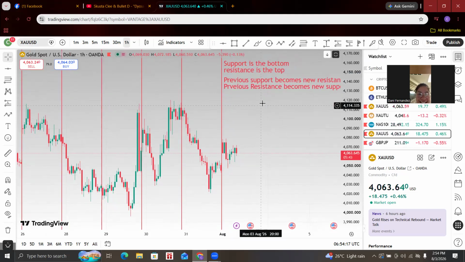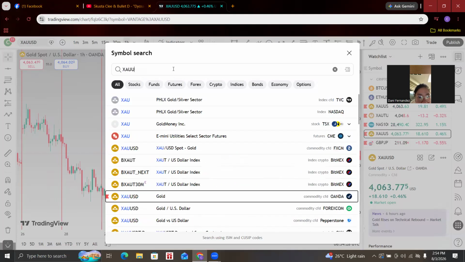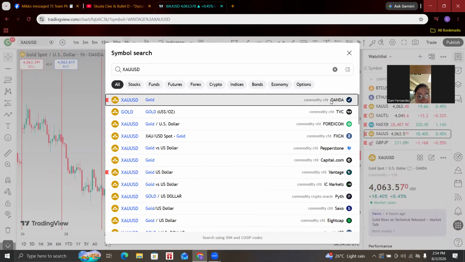When you're using TradingView, I would suggest for you to use OANDA, which is you're just going to search it up right here. Search it up. It's XAUUSD, and then OANDA will pop out. OANDA is a broker for another company, but we use it just to see the charts, right? We don't trade on OANDA.